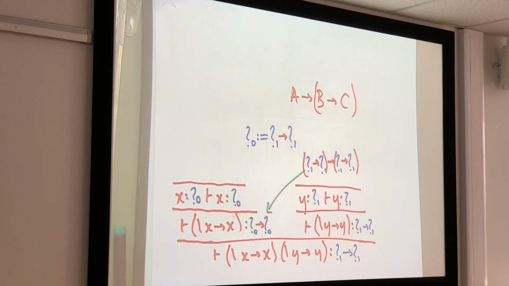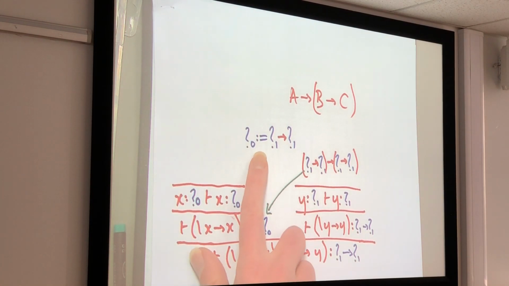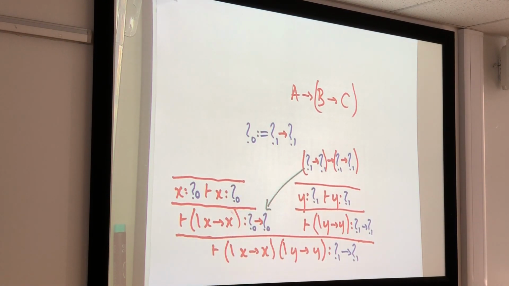Okay? So we just made up variables for the things that we didn't know, and we followed the rules, and we collected the constraints that were forced upon us, which were equations that involve those variables. We solve those equations, and that tells us what some of the unknowns are.